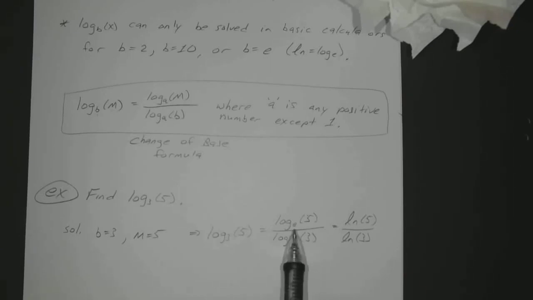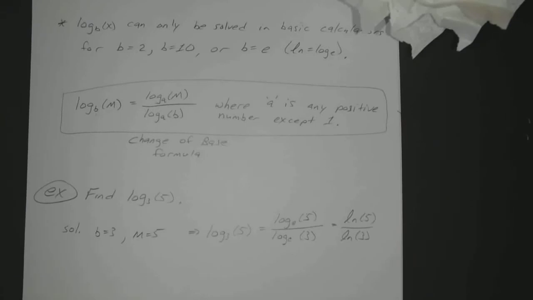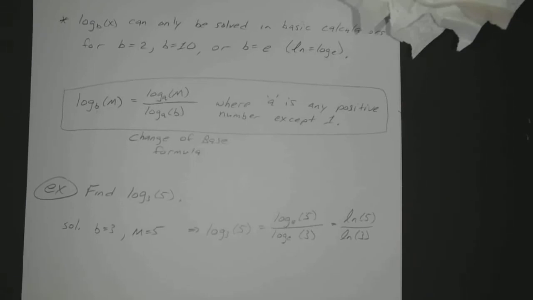Now, if you wanted to, you could have made that log base 10 of 5 over log base 10 of 3, and you get the exact same answer. You can make it log base 12 of 5 and log base 12 of 3, you'd get the exact same answer. So no matter what you make the base, as long as they match, you'll get the same answer.